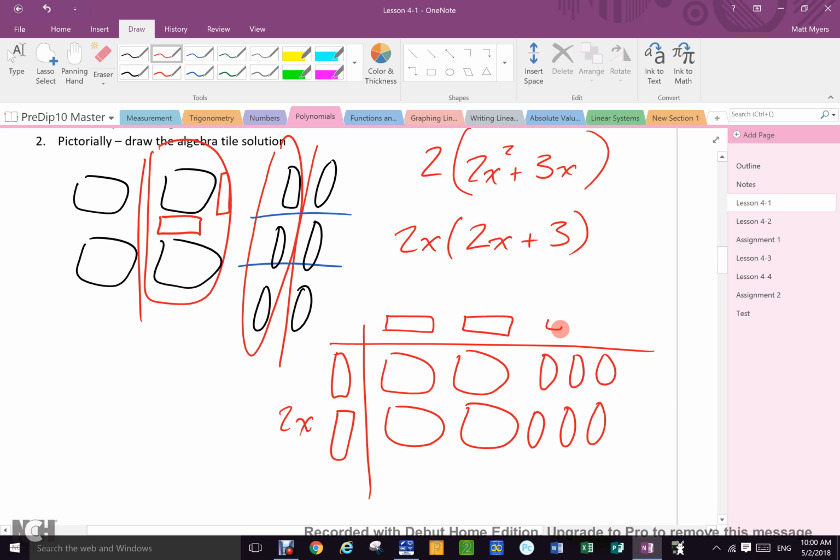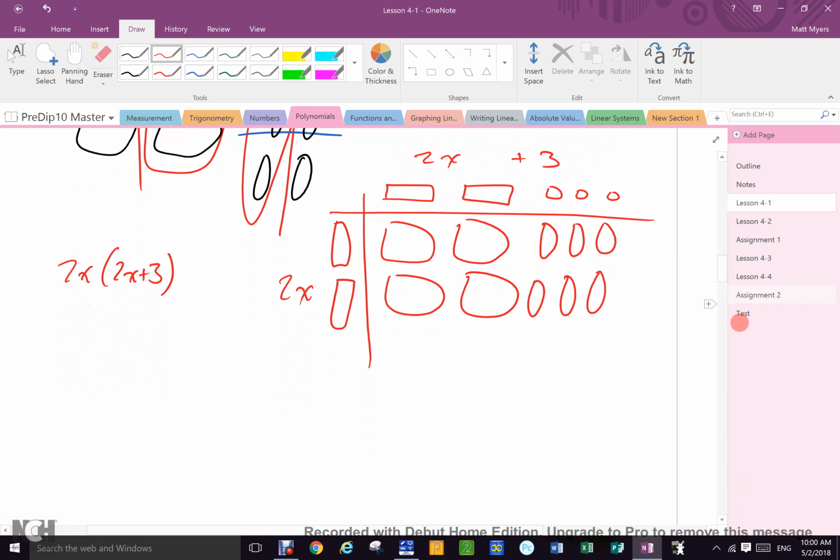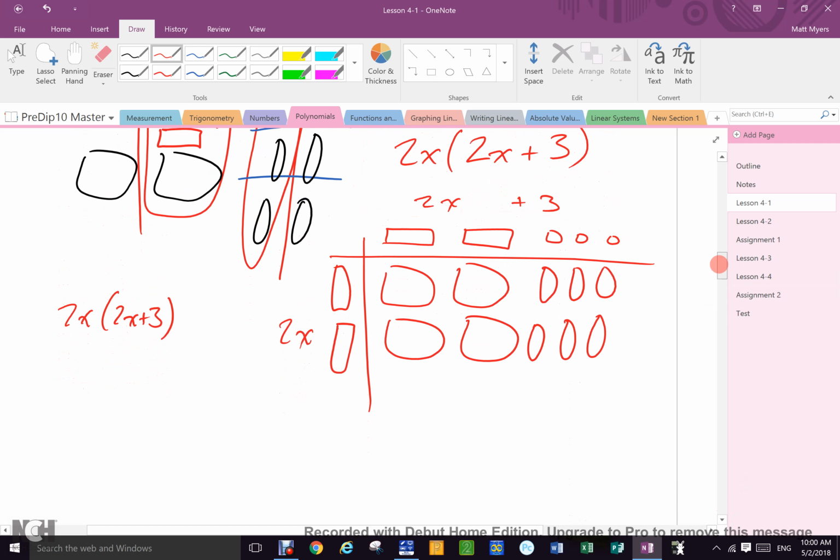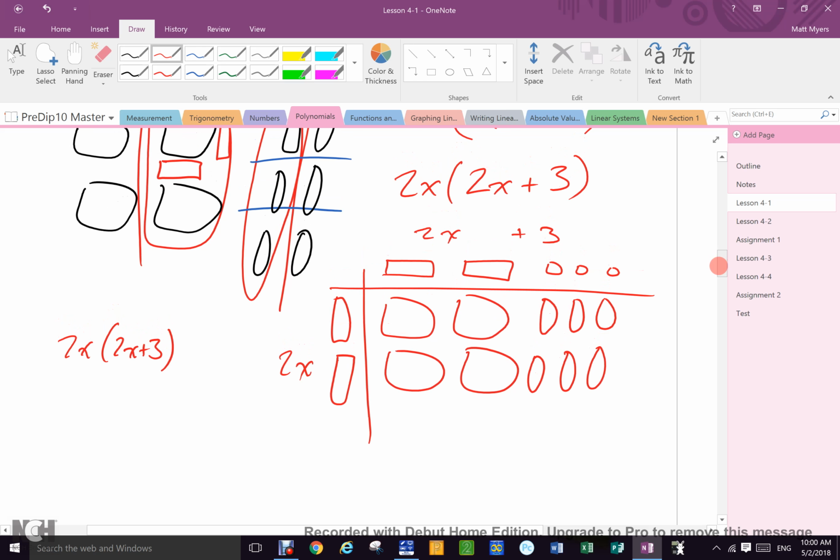Look at you, you paid attention. What's this side? 2x, 1, 2, 3, plus 3. So the factors are what's on the outside: 2x and 2x plus 3. As Luke said, it's exactly like simplifying a radical.